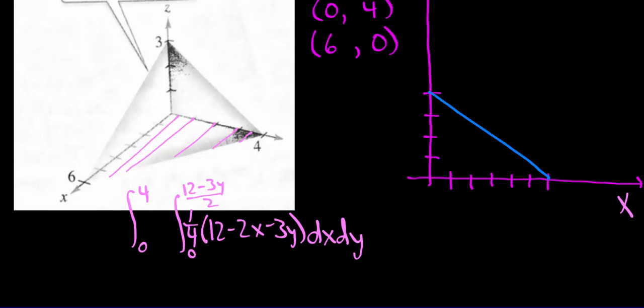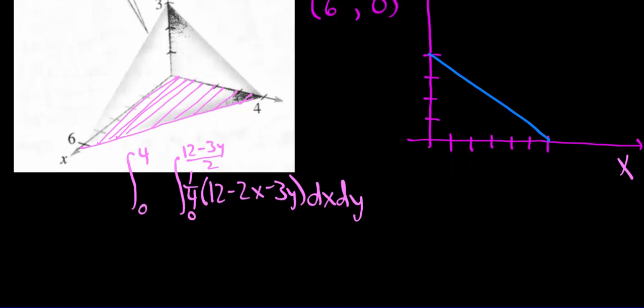But the fact that you've got this slanted line here means as you fix y, you're not going to the same thing every time. You're going to this line over here, and that line needs to be in terms of y. x equals 12 minus 3y over 2. The reason it's in terms of y is because you're integrating with respect to x. You don't want to integrate with respect to x and have x in your bounds. That wouldn't be good.